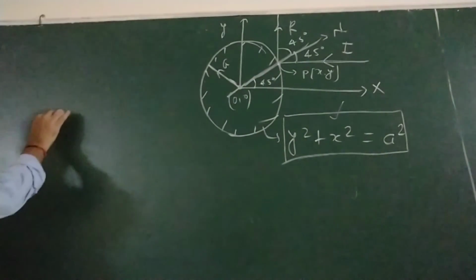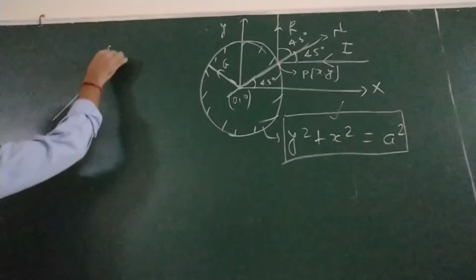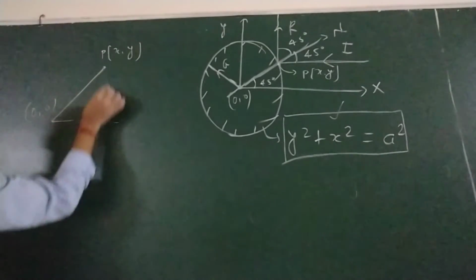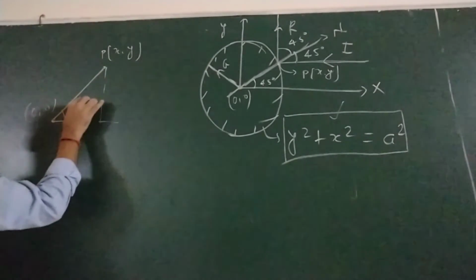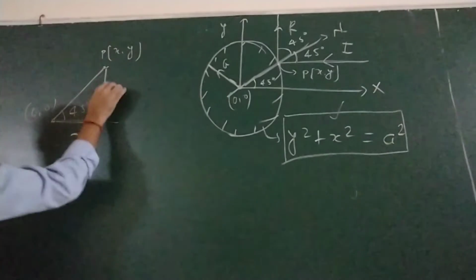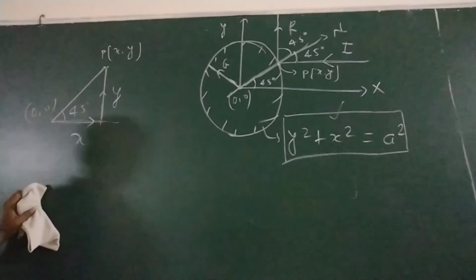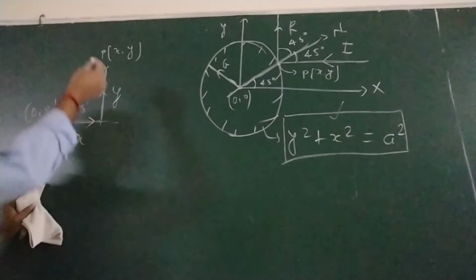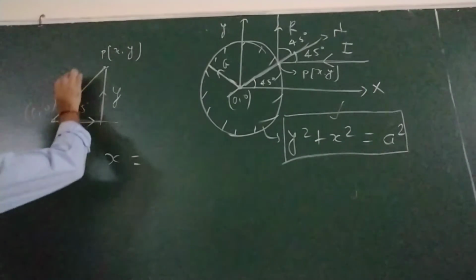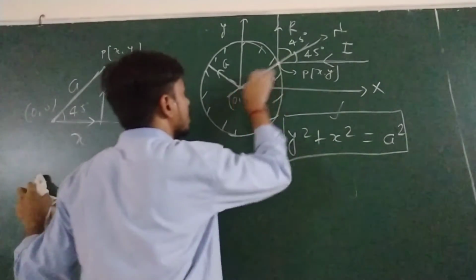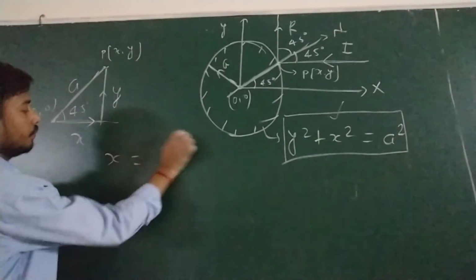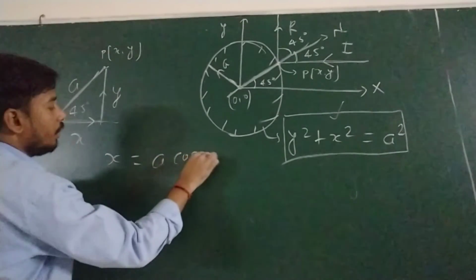What we have to find is this point's coordinate x comma y. This is the origin 0 comma 0, and this angle is given as 45 degrees. This distance is the x coordinate and this distance is the y coordinate. According to the resolution concept, or simply cos theta and sin theta, x becomes a cos 45 degree, because a is the radius.